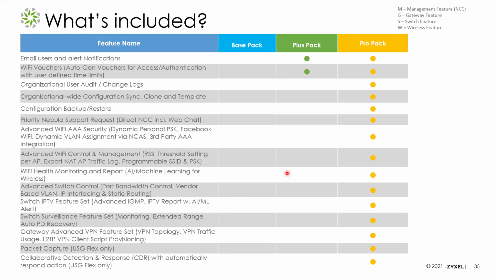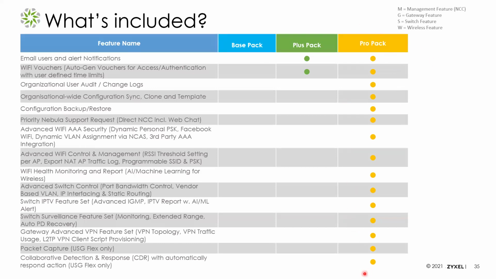As you can see, the free version of Nebula gives you access to all the core features, and most of our customers are using that. But if you are an MSP or you're providing more proactive management of your customer sites, the ProPack may be something to consider.